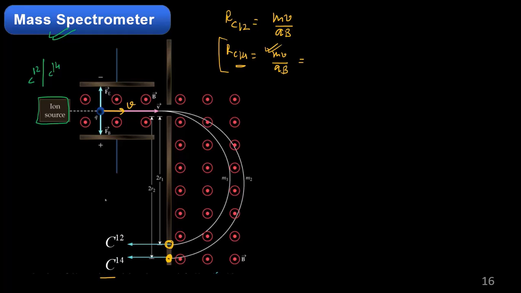Once I switch on the magnetic field and allow the charged particle to move inside it, the charged particle will take a circular path. Depending on the radius, if I mark two different outlets for C12 and C14, they will come out separately. So this is one of the instruments.